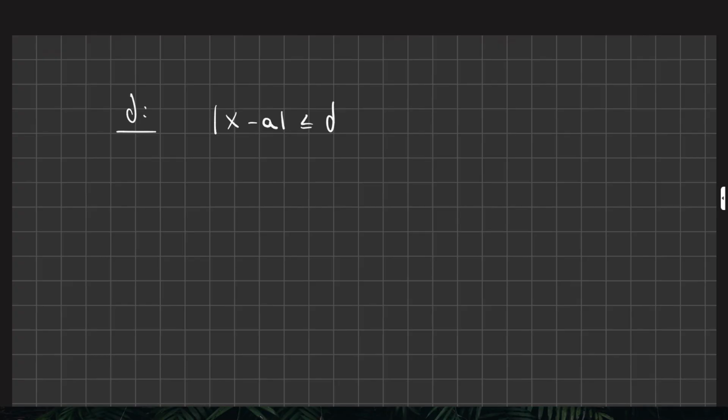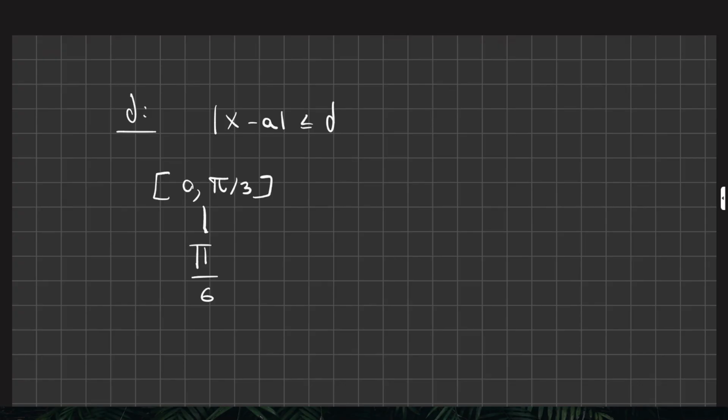So a is pi over 6, and that's the midpoint of the interval, in fact, right? 0 to pi over 3, pi over 6 is actually the midpoint of this interval. So the furthest points from a equals pi over 6 are the endpoints, 0 and pi over 3.